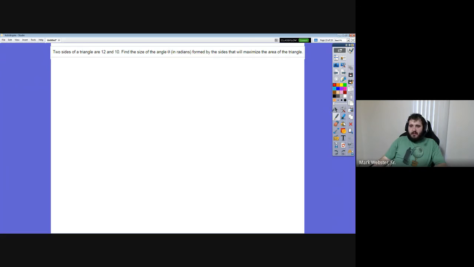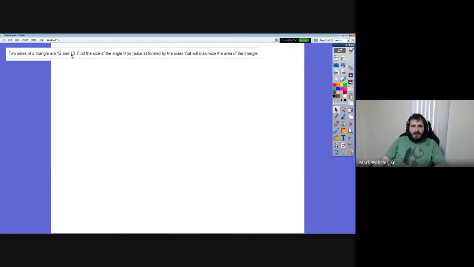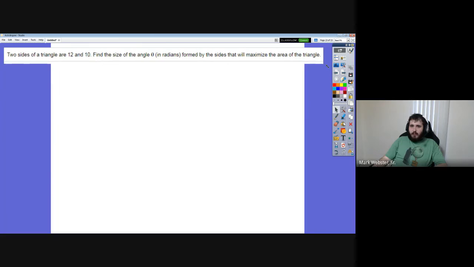2 sides of a triangle are 12 and 10. Find the size of the angle in radians formed by the sides that will maximize the area of the triangle. Okay, so area of the triangle. This one, you got to remember back to geometry. Those of you who had me, I did teach you this.